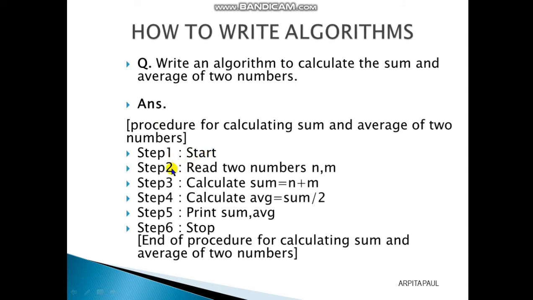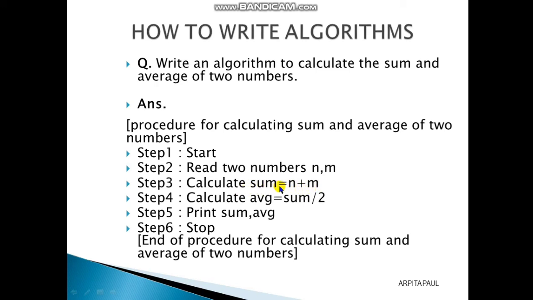After that, in step 2, we will write read two numbers n comma m. These are the two variables. Whatever variables you are using, you will mention those variable names here, and here we are taking input, or reading two numbers. Now step 3, calculate sum equals n plus m.